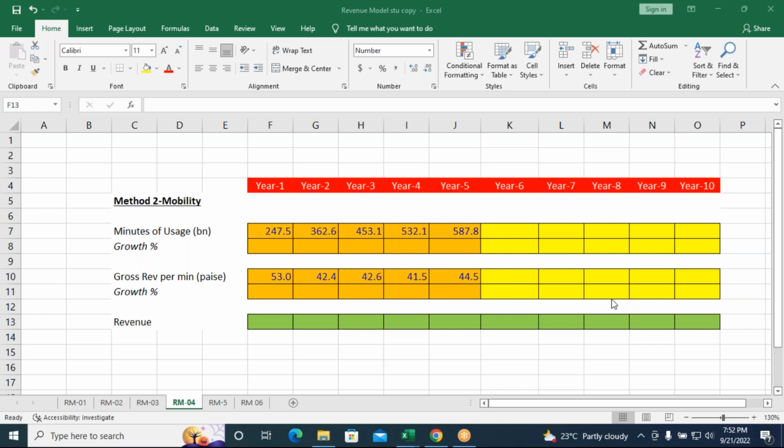Archisha is absent. Tanisha, present, ma'am. Shreya, yeah, ma'am. Pooja is also absent.